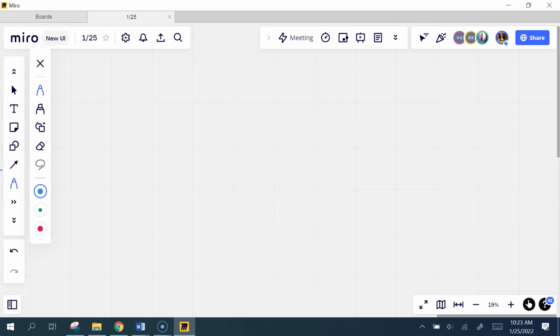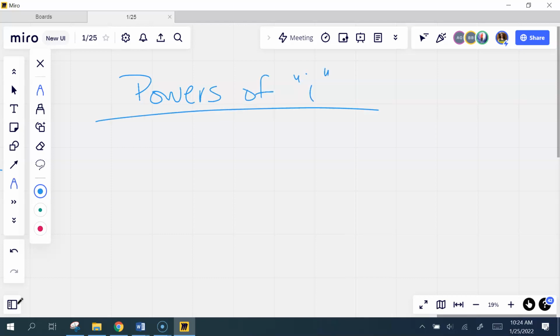We'll talk about powers of i, and then we'll talk about multiplying and dividing. For some reason, this trips students up every time we do it.